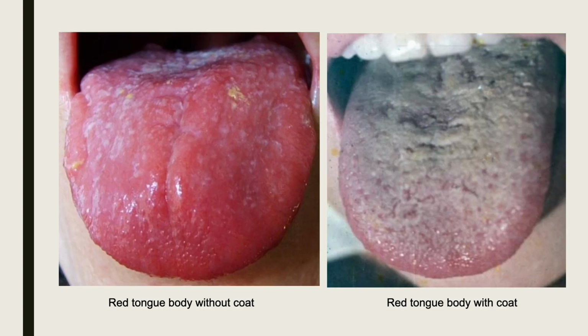Now you can see here a comparison between a tongue with red tongue body without coat and a red tongue body with coat. The red tongue body without coat is yin deficiency with empty heat, while the red tongue body with coat is a classic example of excess heat.